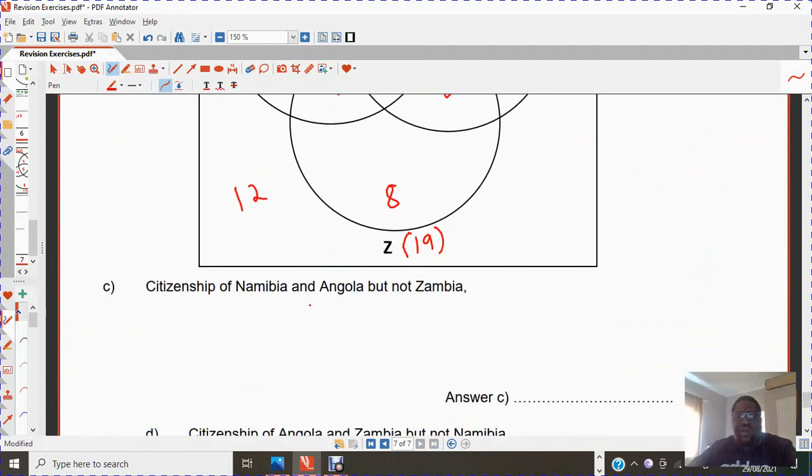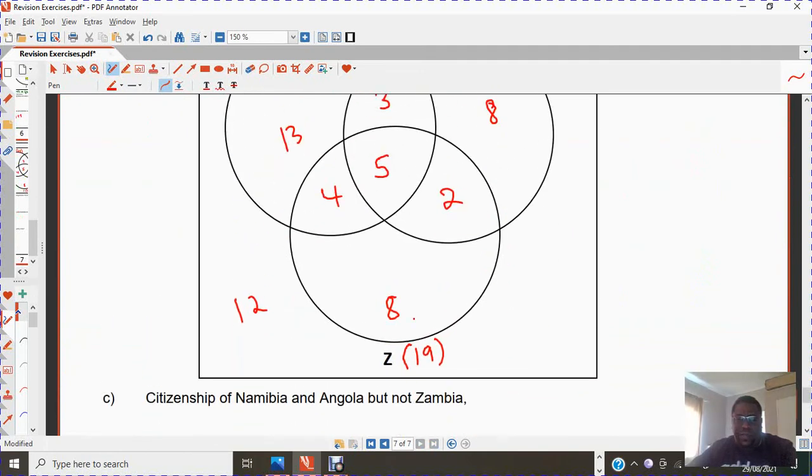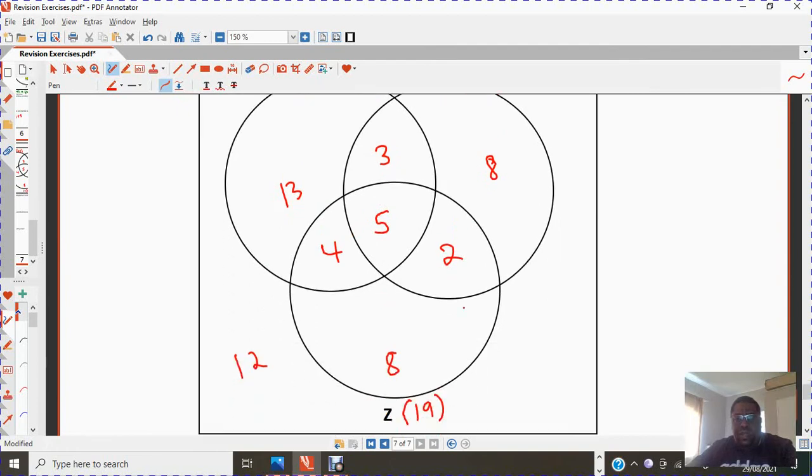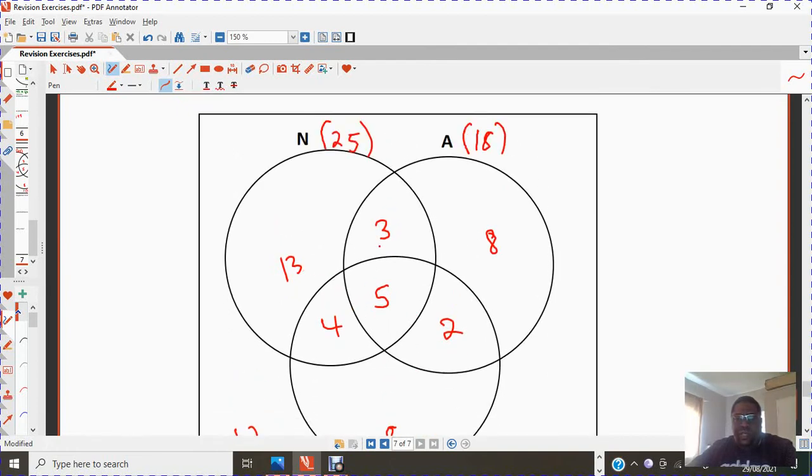So, citizenship of Namibia and Angola, but not Zambia. So it's going to be 13 plus 3 plus 8. We're not considering the other one. Namibia and Angola, so it's 13 plus 3 plus 8.